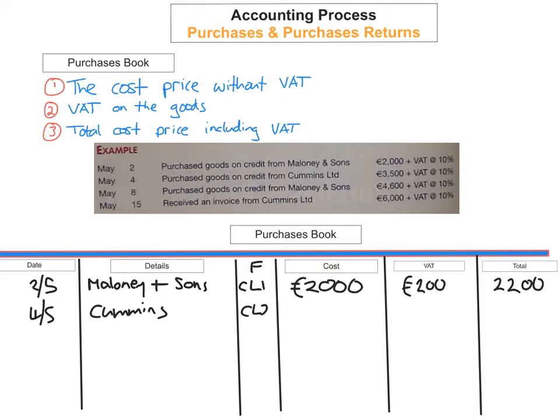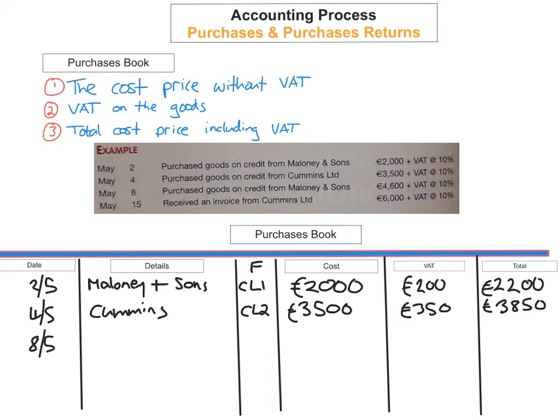It was for 3,500. The VAT is going to be 350, so the total price is going to be 3,850.